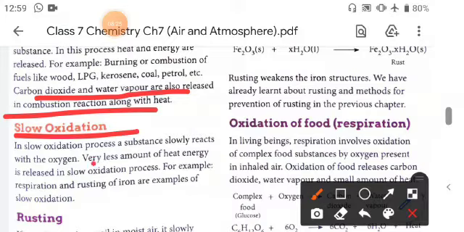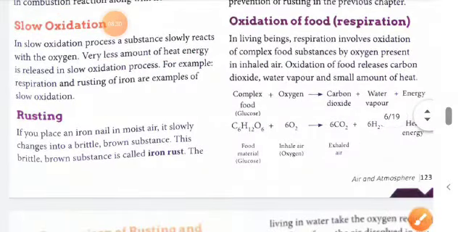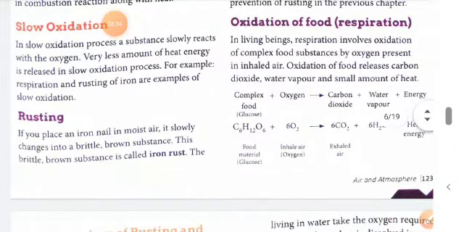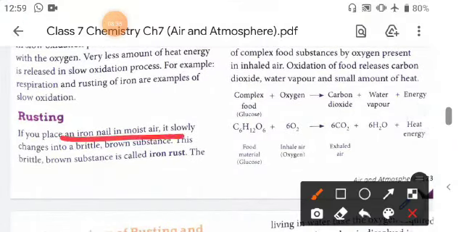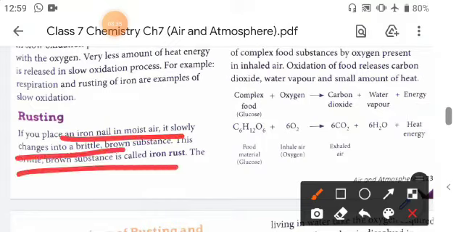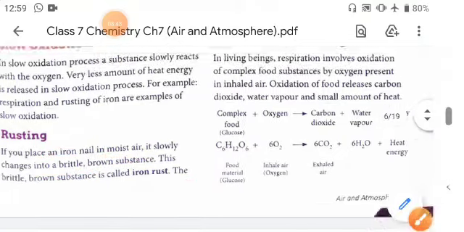Rusting is a good example of slow oxidation. If you place an iron nail in moist air, it slowly changes into a brittle brown substance, and this brittle brown substance is called iron rust.